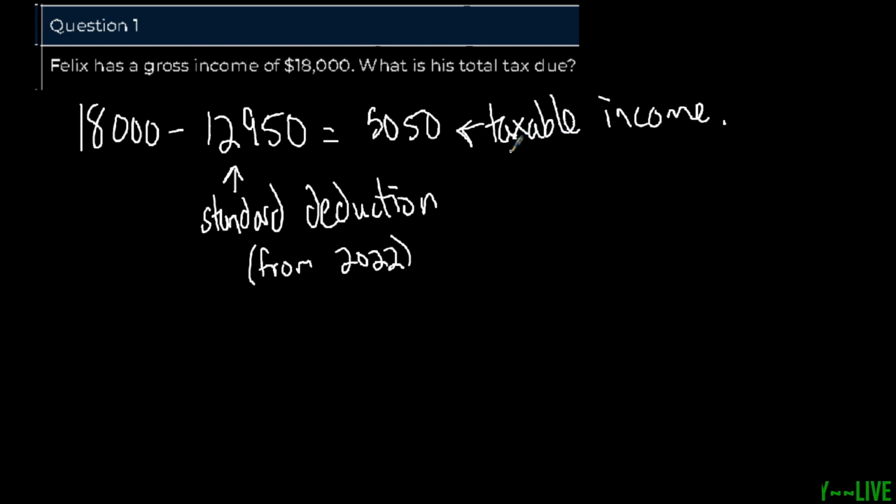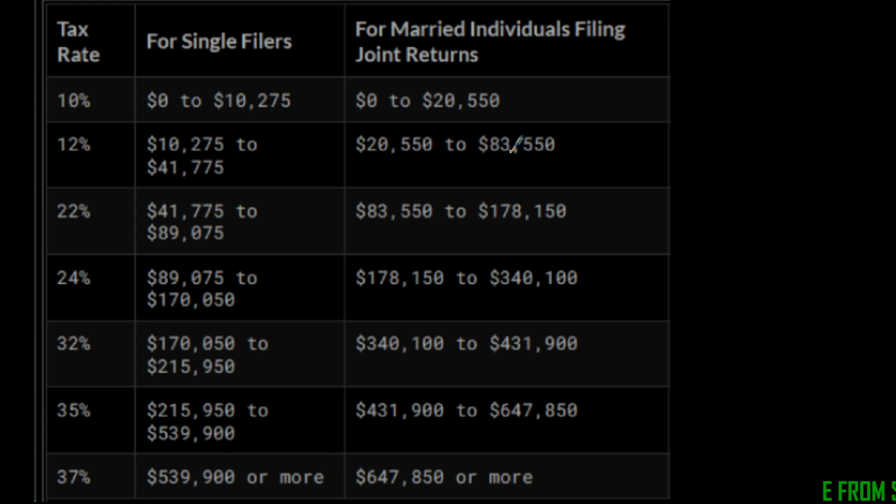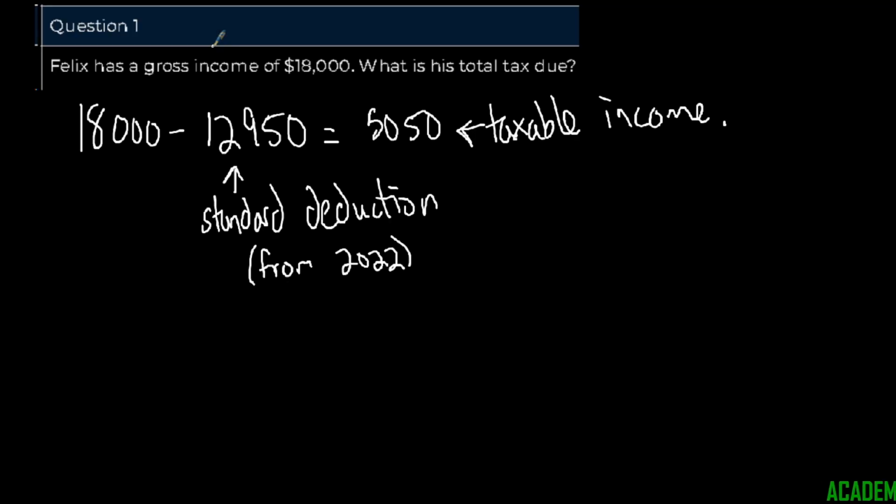And so what we have to do now is take this amount and go to the bracket. So let's go back up to the bracket, and we're going to say, okay, where does 5,000 fall in between? It'd fall in between this bracket right here. Again, it's for a single filer because it's just Felix, and we're going to take 10% of that amount. So let's see what it looks like.